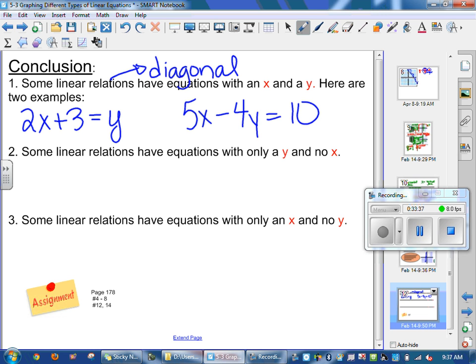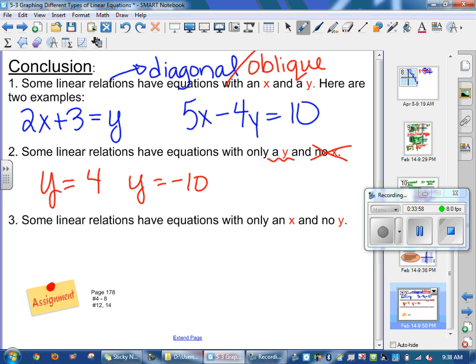So then we have equations with only a y and no x. So if it's y equals 4, y equals -100. What kind of lines do we make with y ones? Horizontals, because y is an upside down h. Then we've got ones with x and no y's.